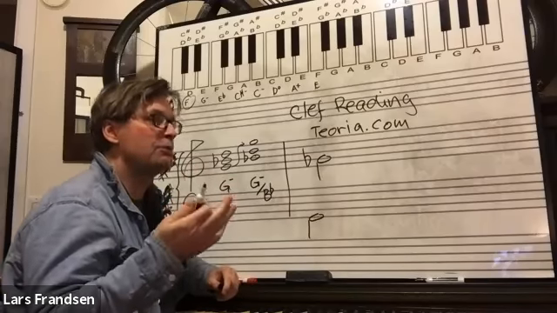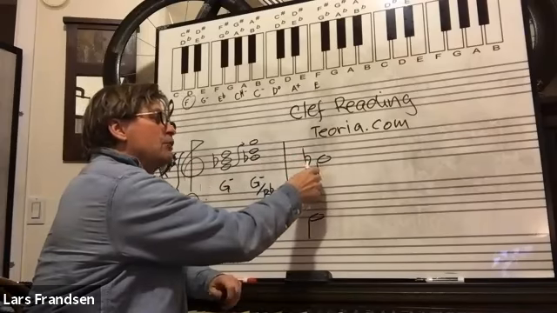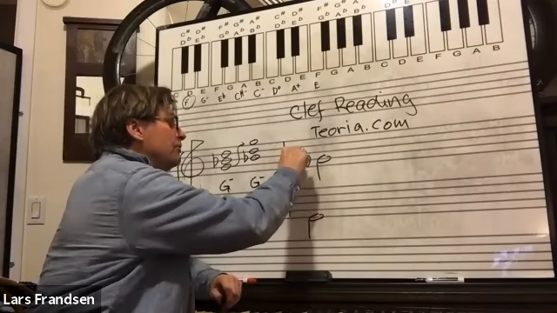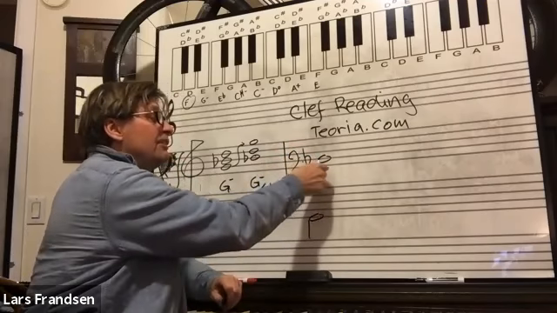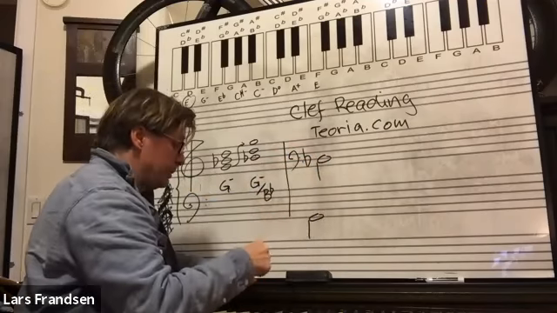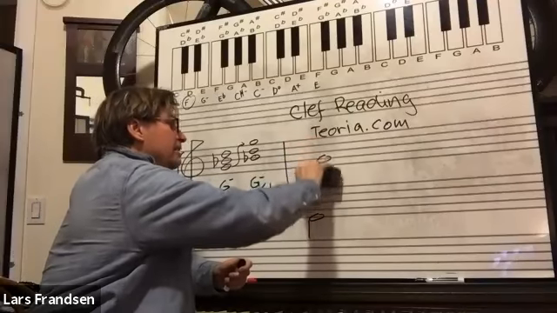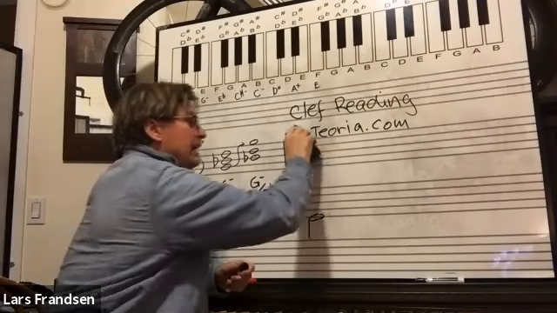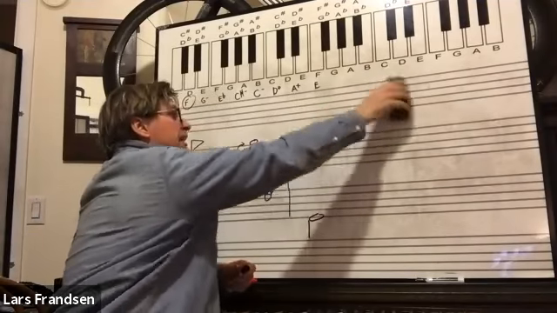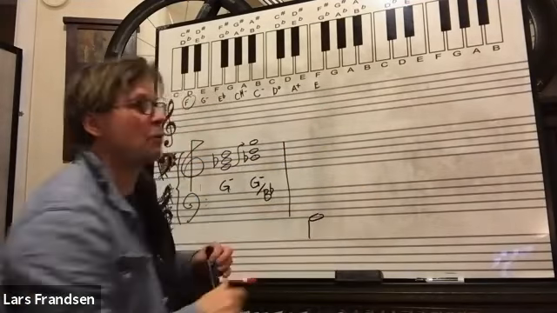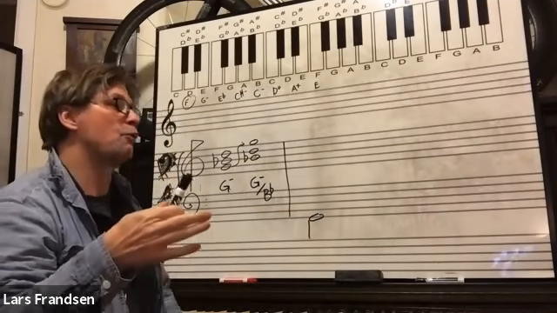Then I, as a human being, can say, okay, so now you're reading in the wrong clef, because in that clef it would have been a B flat, but in some other clef it's a different note, right? I can see that, but the clef reading exercise can't really tell you how close you were. It will just tell you that you're wrong, and you don't know how you're wrong.